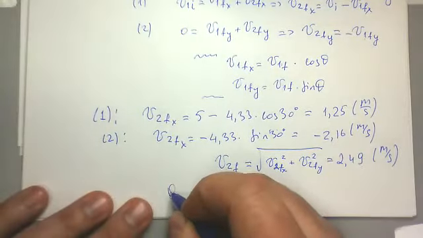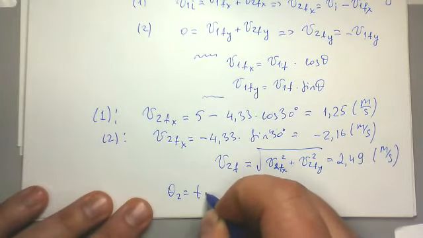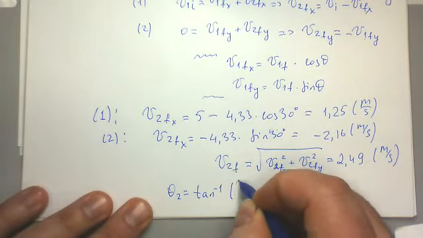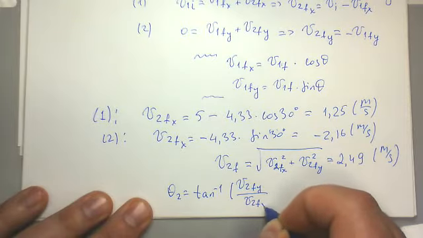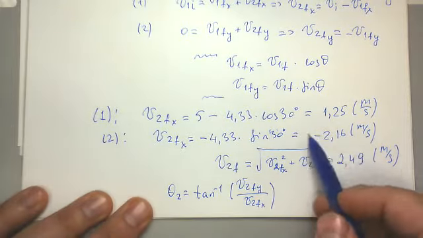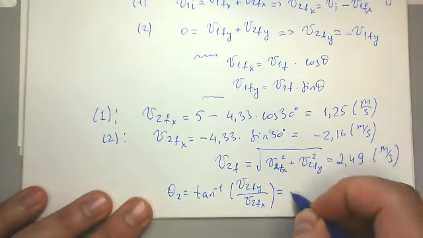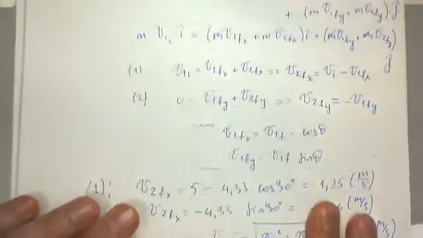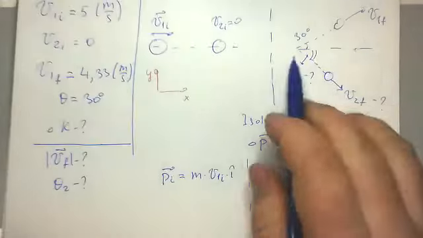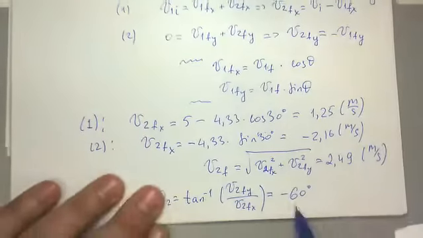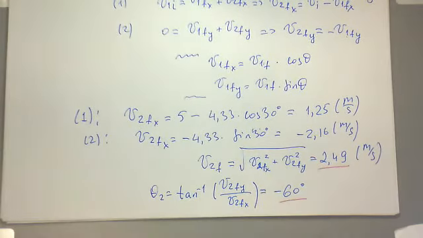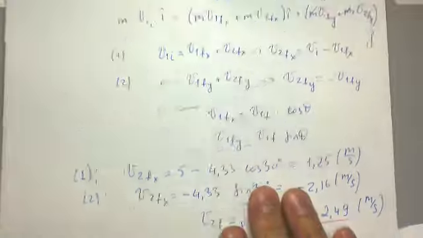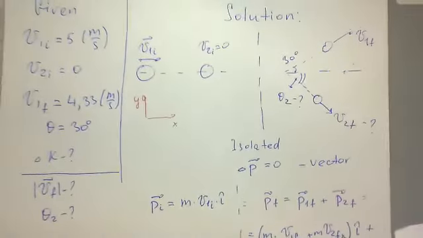So theta 2 equals the inverse tangent of the V2 final Y component divided by the V2 final X component. This is minus 60 degrees, so counterclockwise with respect to the initial direction of motion. So here are the answers. This guy and this guy. Questions, please? No questions. Thank you. Good.